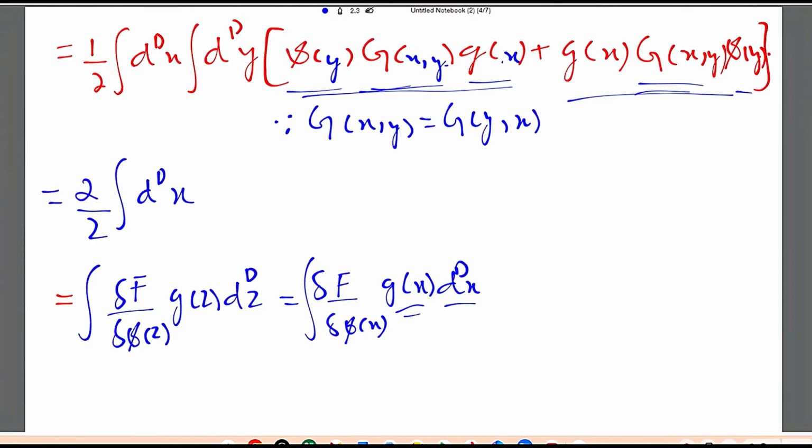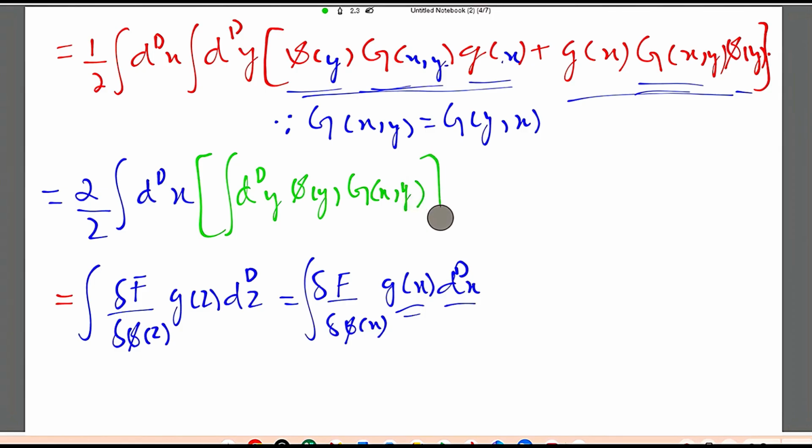Now I'm starting a bracket: dy, then phi of y, g of xy. I'm closing the bracket because I want g of x isolated. So that is what we have now, and this 2 cancels out, and now we can do the comparison.